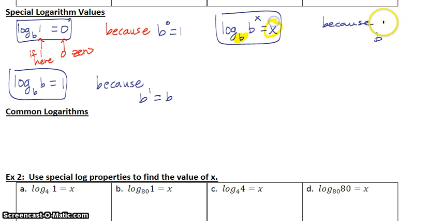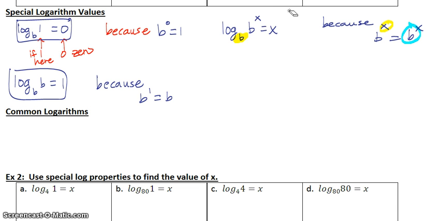This is the part that goes in my exponent from before. And then this part here goes on the other side, and that happens to be b to the x. So see, these two things are the same, and if those two things are the same, really the bases don't matter, so x equals x. But a shortcut of knowing this is that I tell my students, if you have the base and the number the same, it's just equal to x.